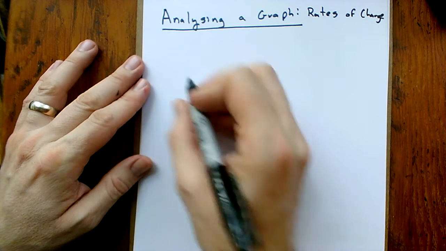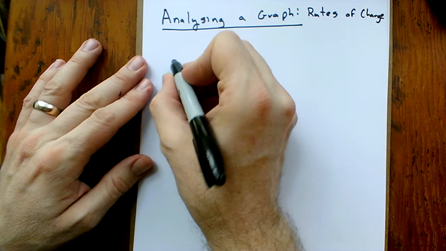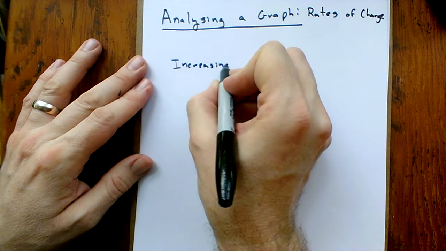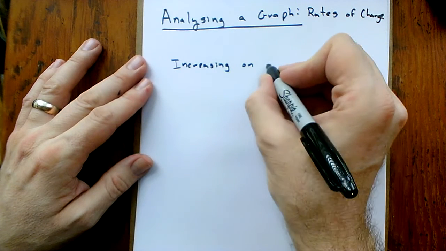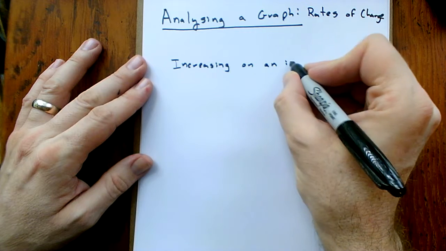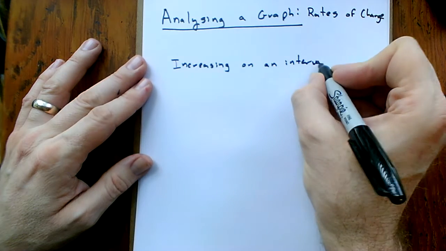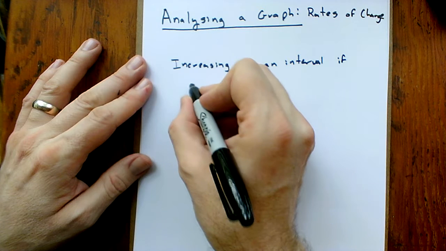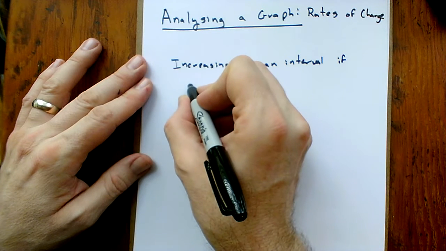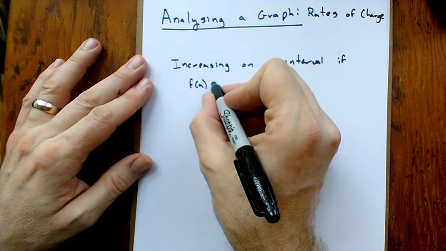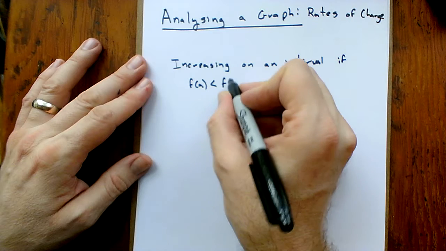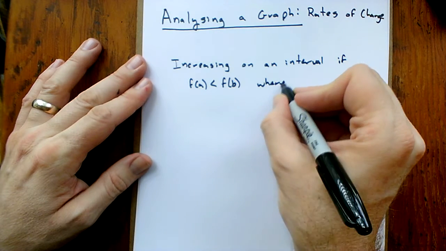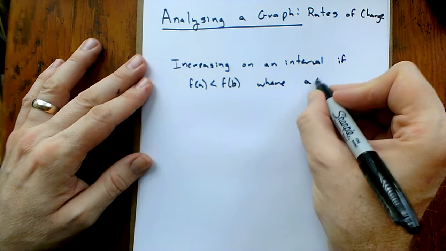We can say that something is increasing on an interval if f of a is less than f of b, where a is less than b.